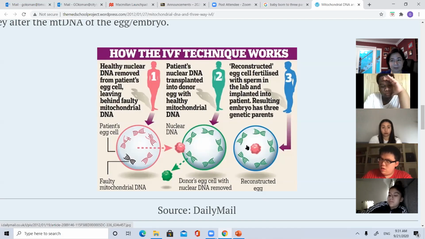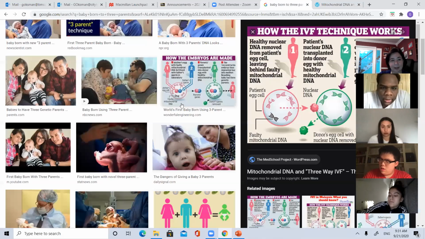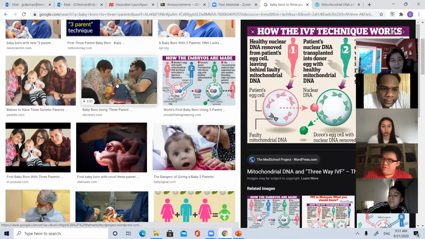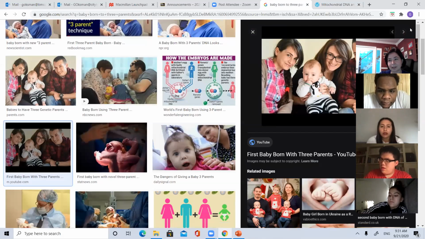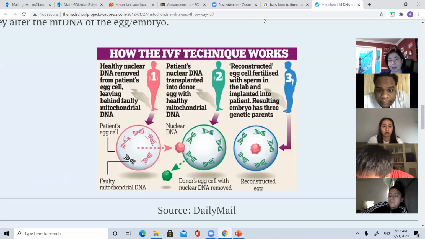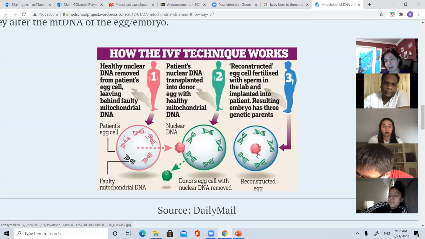Is it clear? So this isn't a surrogate? No, this is not a surrogate. And you see this is a happy baby born to 3 parents. Then the baby will have traits of all 3? The thing is, listen, mitochondrial DNA is not that big compared to nuclear. So I believe like 90%, that's definitely nDNA that matters, right?